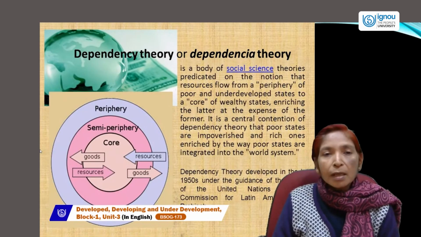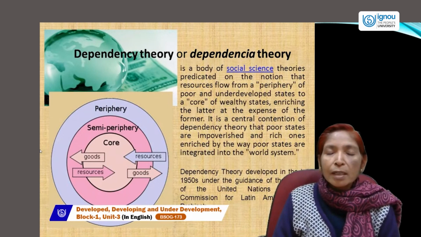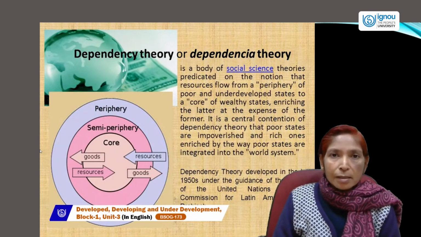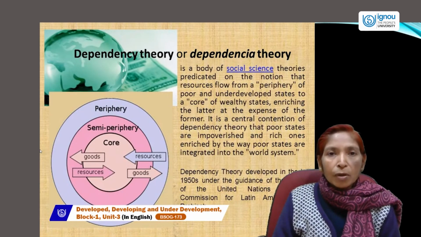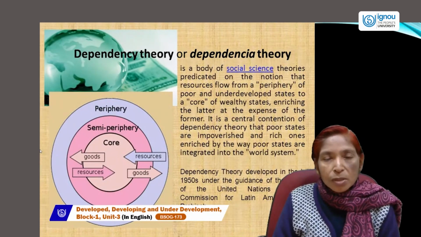For example, the African continent is rich in natural resources, and manpower is also very large there. So, developed countries are dependent upon the African continent for the development of their economy. They are using their natural resources for their own benefit.